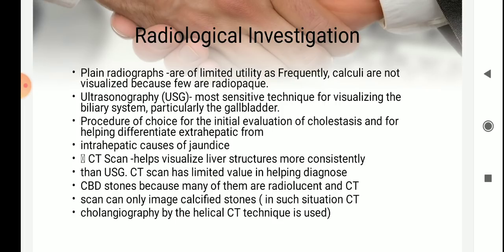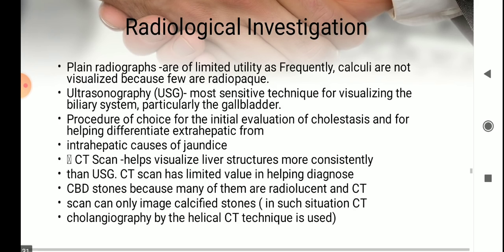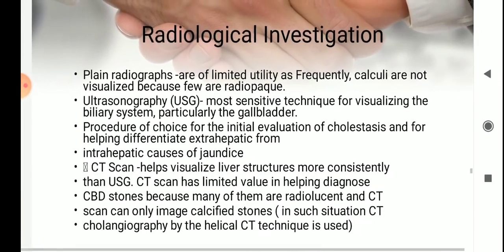Frequently calculi are not visualized because few are radio-opaque. So it depends upon whether these particular calculi are visible or not, that really are the genesis for the post-hepatic obstruction. The stones could be radio-opaque and radiolucent ones, so these could be visualized or may be missed out.